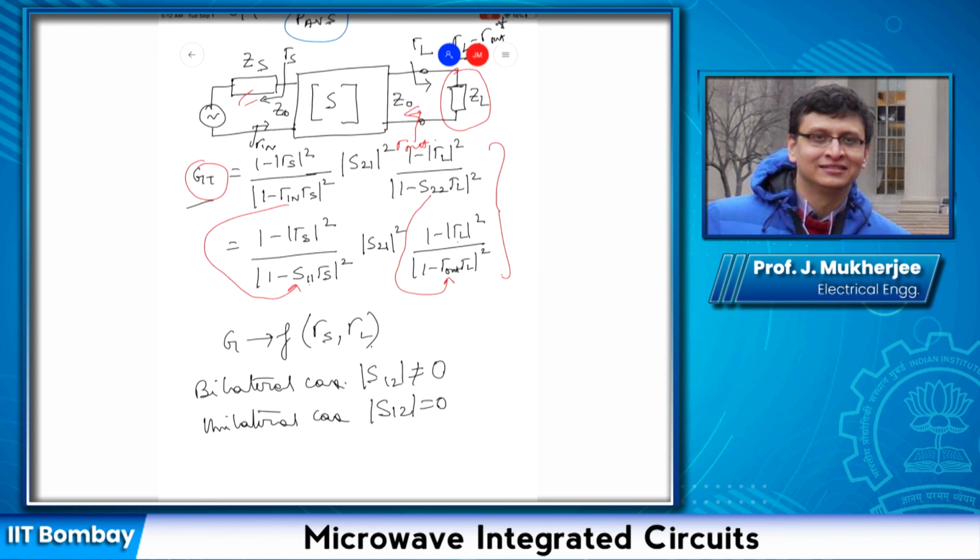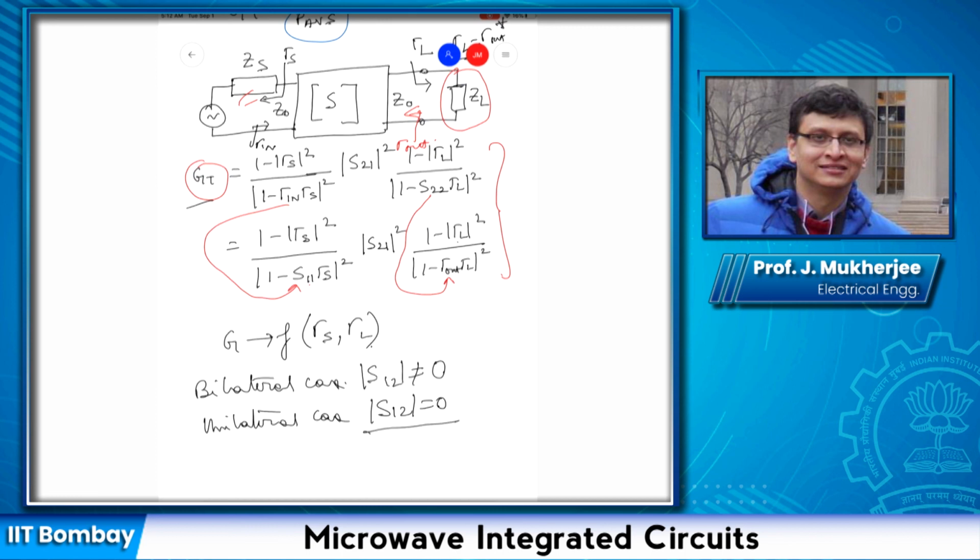Now, what is the significance of S12 magnitude equal to 0? It is significant in the sense that power doesn't flow from output to input, which is true for many active devices. The power flow from the output to the input is indeed very less for many active devices. Most of the power flows in the forward direction.